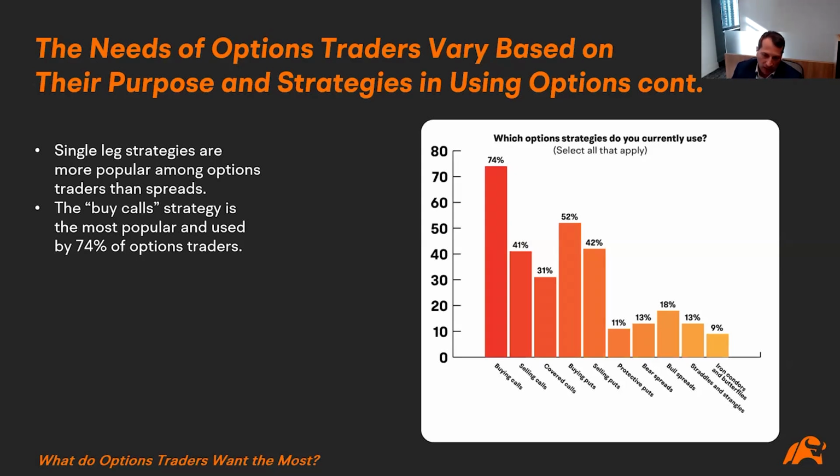Now, that is not what we see on single stock and ETF, which is much more in line with the results that you see up here, where there are more outright purchases of calls or puts. The SPX is a little bit of an anomaly from that standpoint, because we see a nearly even split between single leg and complex, and it's certainly not the case on some of the single stocks. All right, thanks for those great insights.